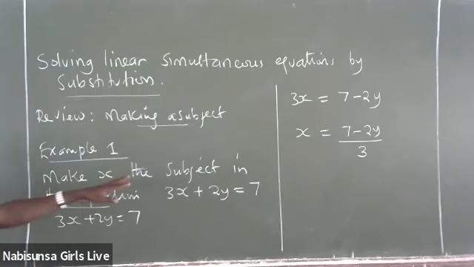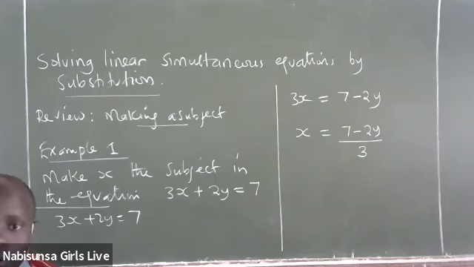So at that stage, we can comfortably conclude that we have made x the subject because it is alone on one side of the equation and the other terms without x are on the other side. They can also ask us to make y the subject. So this is a prerequisite exposure to enable us to comfortably deal with the other side.